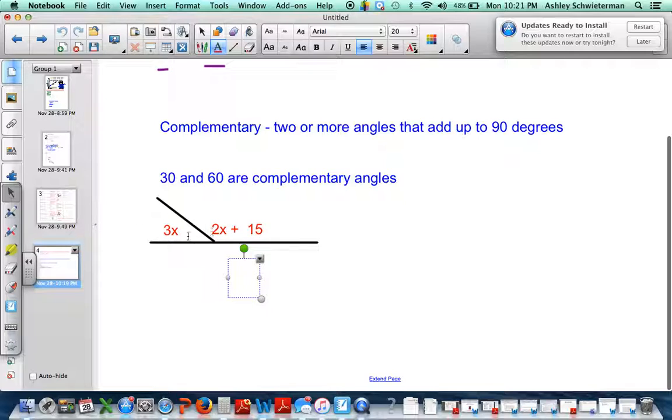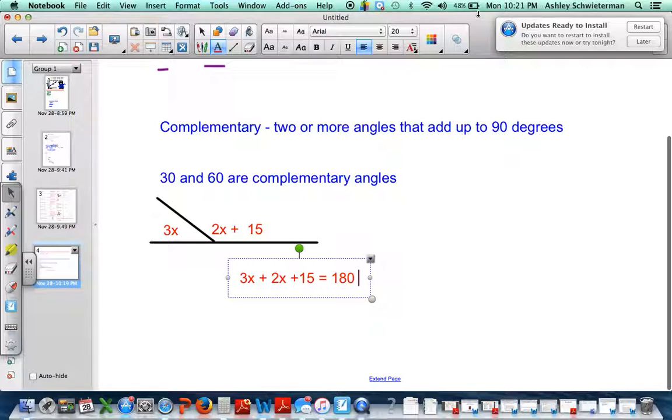I know since they form a straight line, they would have to add up to 180 degrees. So I would take 3x plus 2x plus 15 and set it equal to 180 degrees.